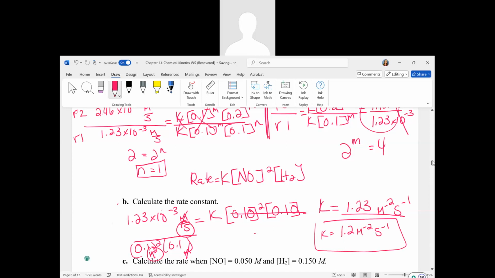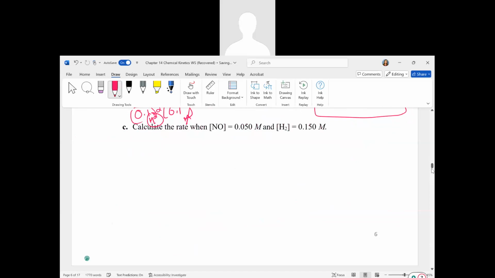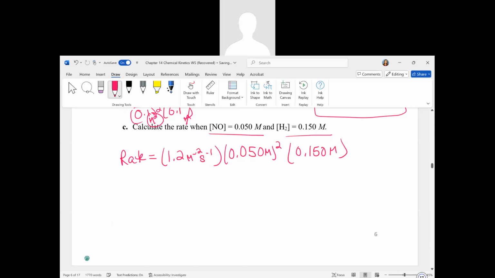And I can carry this through and use this in my last part of this calculation, where I'm asked to calculate a new rate when my concentration of NO is 0.05 and H2 is 0.15 molar. So to solve for rate, we'll plug in our K, so 1.2, and that was molar^-2 second^-1 were my units, and then my concentration will be 0.050 molar squared times 0.150 molar here.